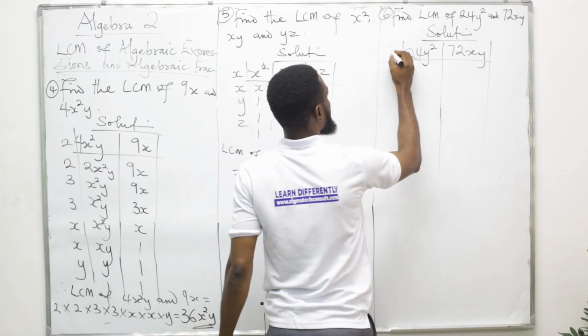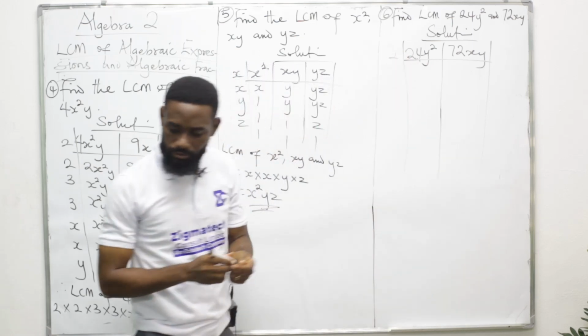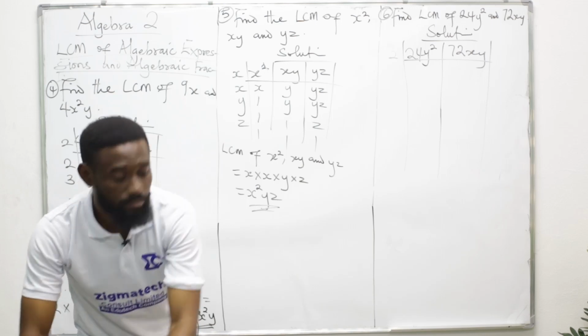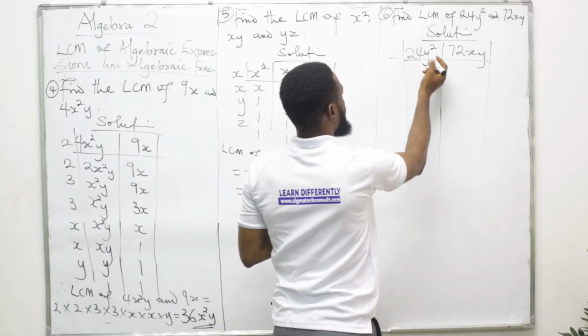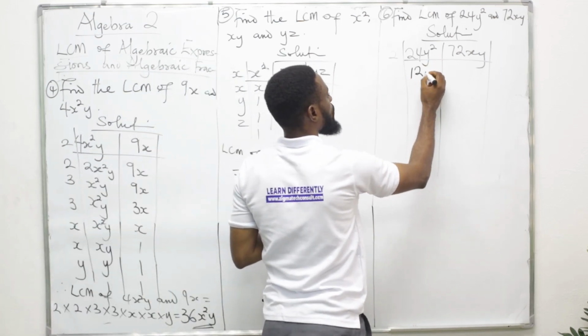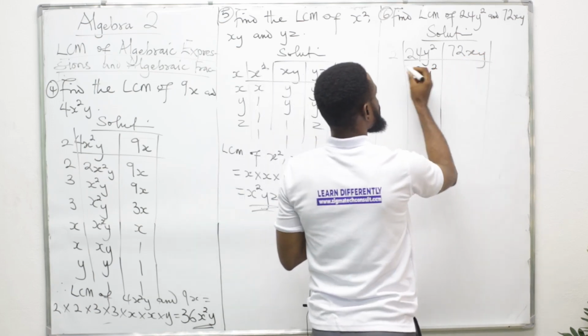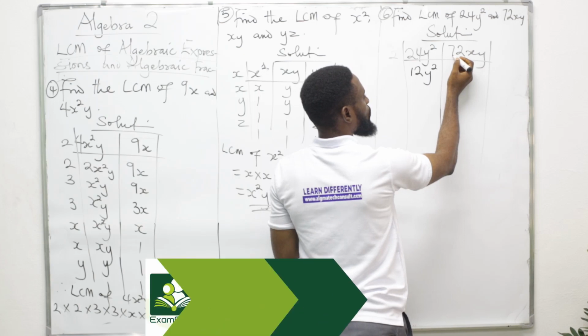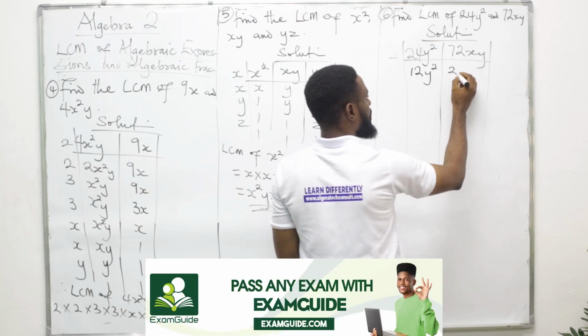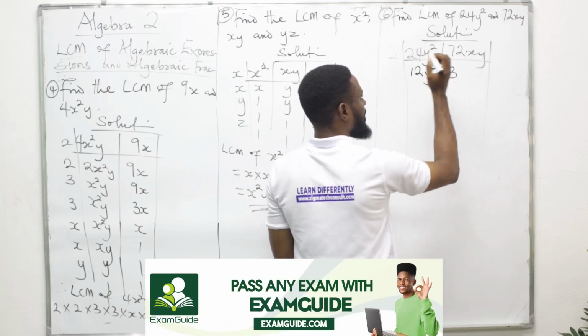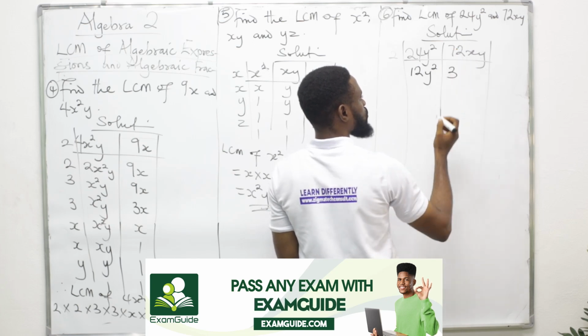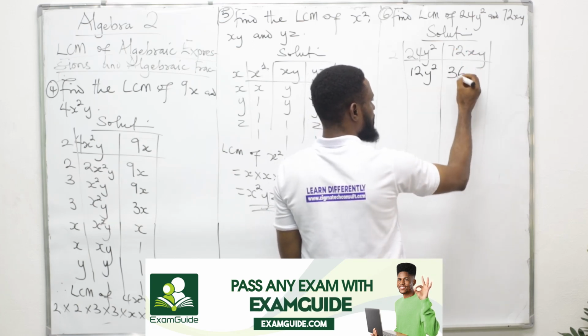So 2 here. 2 in 24 will give us 12y squared. 2 in 72, 2 in 7, okay, will give us 3, remainder 1, okay? We'll put the 1 here, it becomes 12. 2 in 12 is 36, okay?